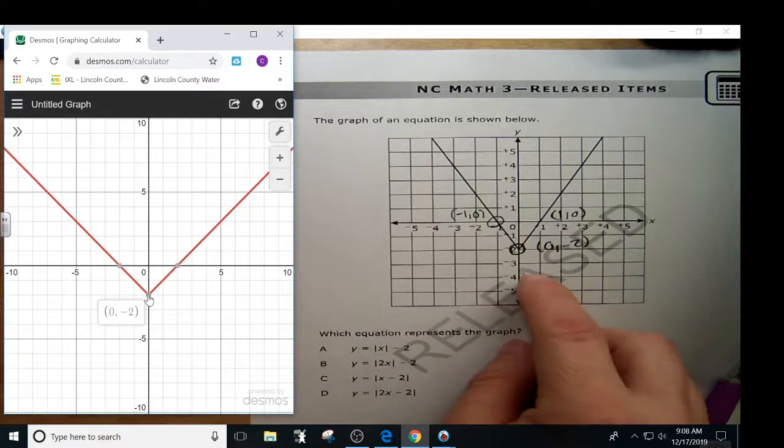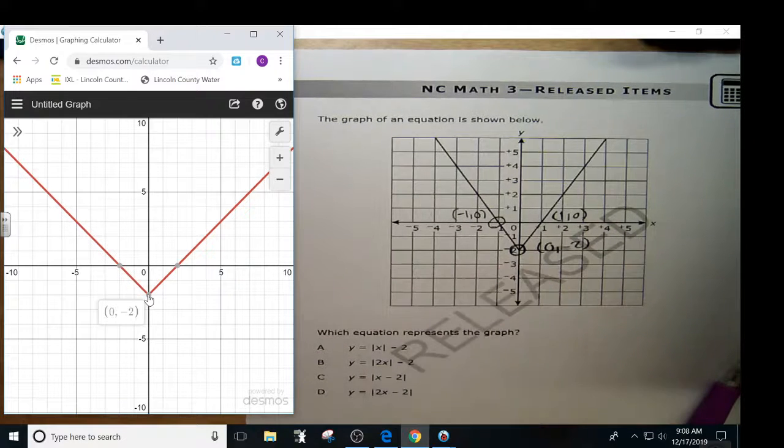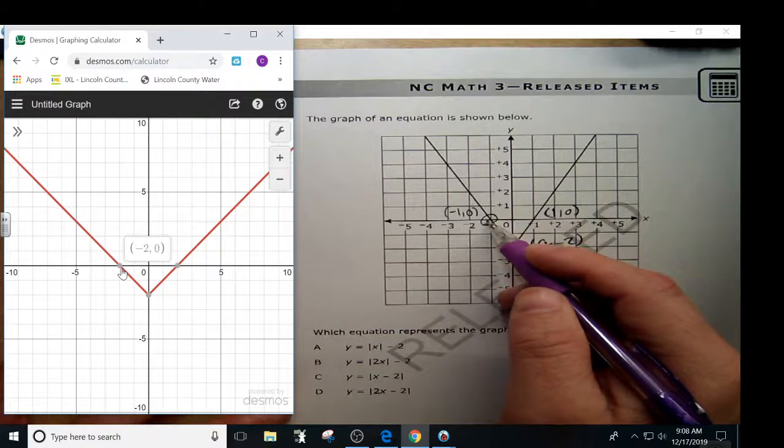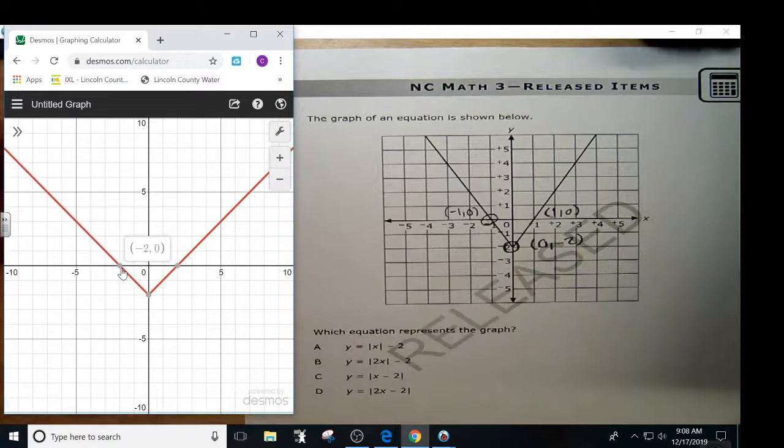Is it 0, -2 here? Yes. So could that possibly be an answer? It could. But now, look where it crosses. This is 2, 0 and -2, 0. Look where this one crosses: 1, 0 and -1, 0. So those are different. Is that the same graph? No.